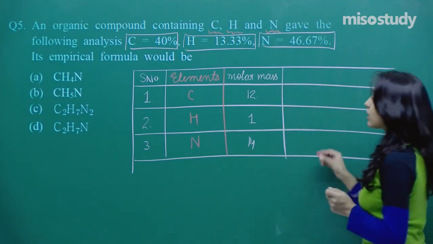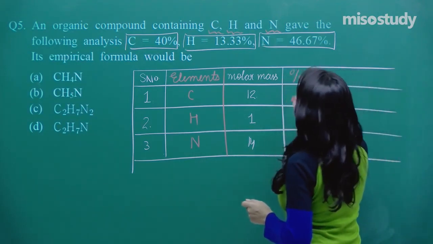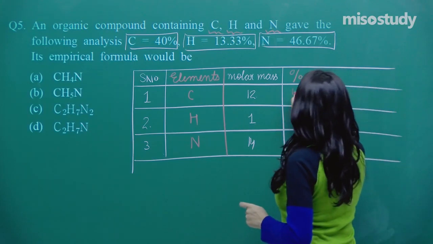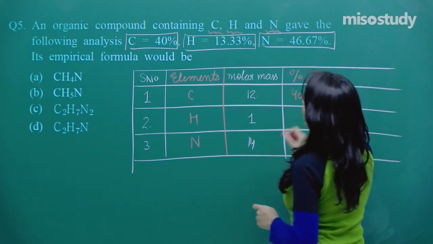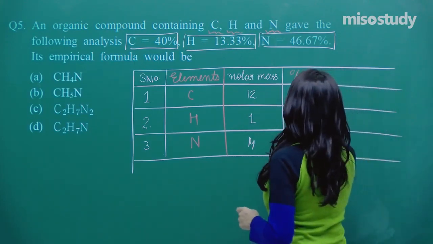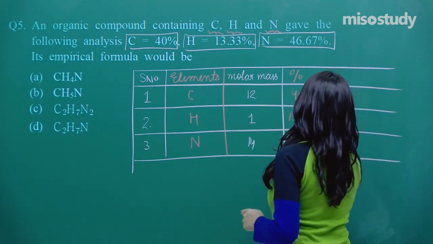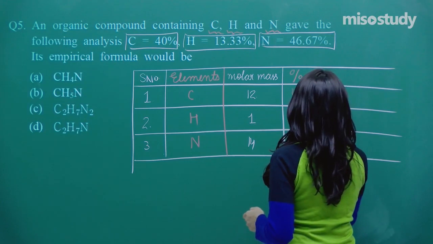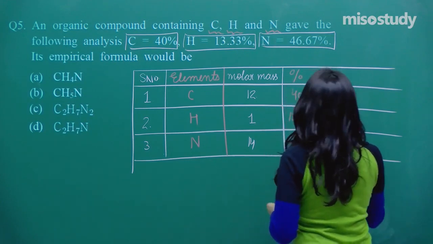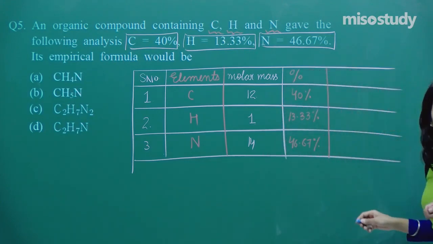Now I will ask you the percentages which are given to us. Carbon is 40, okay, hydrogen is 13 and nitrogen is 46. Okay, fine. Now what will I do?